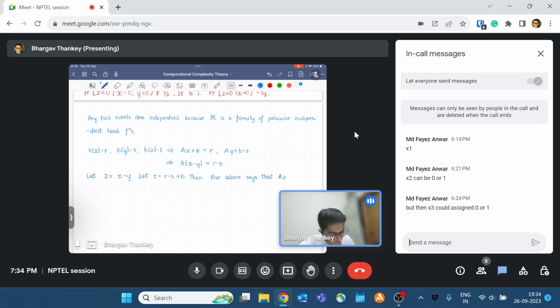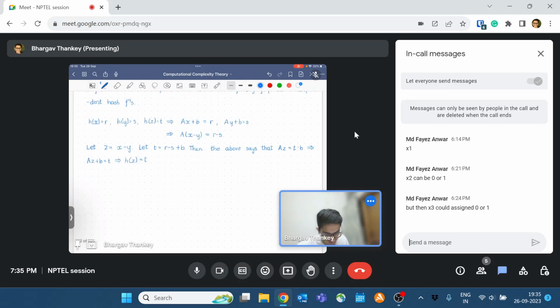Okay, so the above says that AZ equals T minus B, right? Yes. So if we fix X, Y, and Z like this, this is what we get.